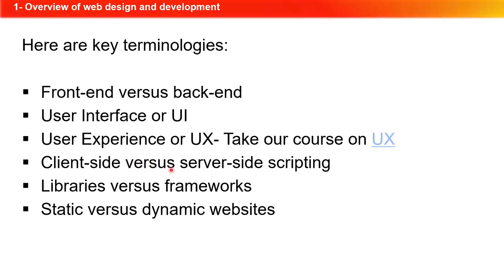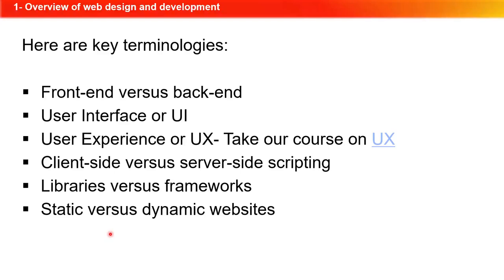So libraries versus frameworks. Libraries tend to be reusable sections of code, whereas frameworks are just guidelines for creating applications. And static versus dynamic content is where a website is strictly just the images and the text that you see.